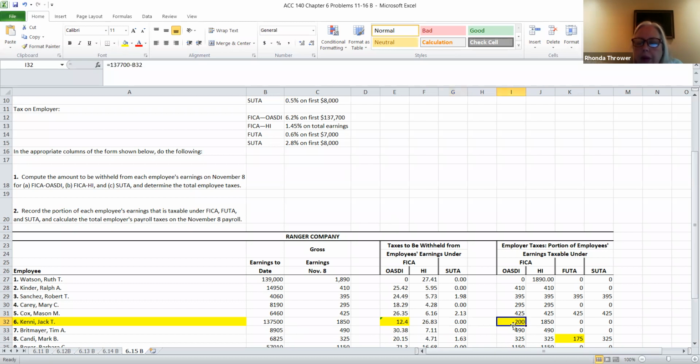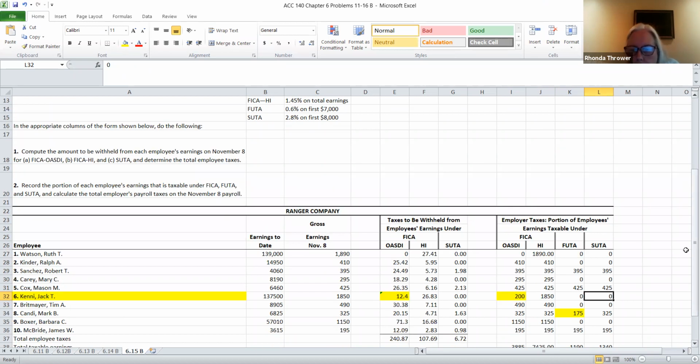Again, I get that by taking the base of $137,700 and subtracting out what they've been paid to date. So they still had $200 that was taxable toward the OASDI. For the HI, it's the whole amount of $1,850, and for FUTA and SUTA, they've gone over the base for the employer. And so you continue and do all of this basically the same way.